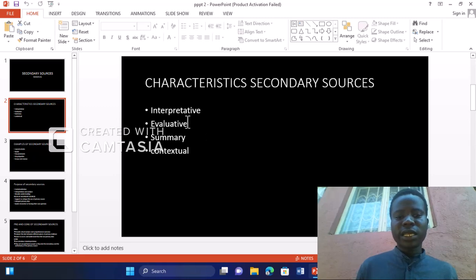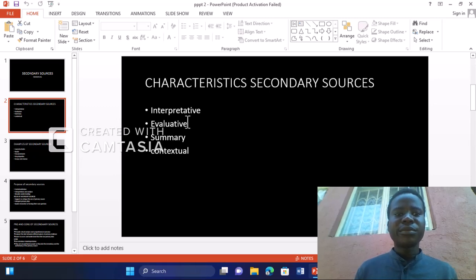What is evaluative? Evaluative means they offer opinions or assessments based on the evidence that may be drawn from the primary sources. And also they summarize.